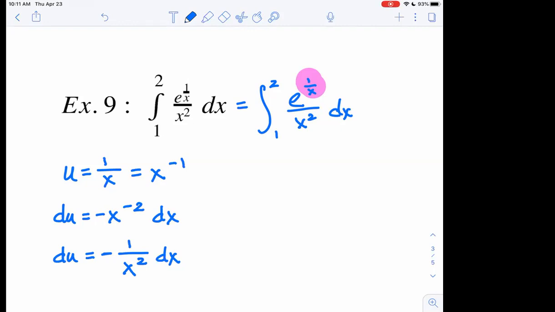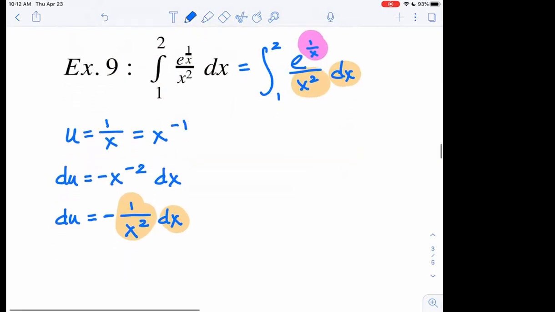All right, so let's see what matches with my dx. Well, the dx and the dx, that matches. And this 1 over x squared is really what that's saying. X squared on the bottom is the same as 1 over x squared, okay? So the only thing I need to move for my du is that negative sign.